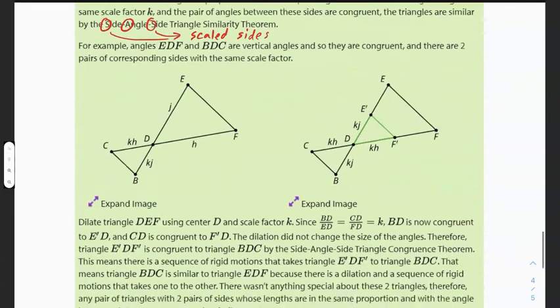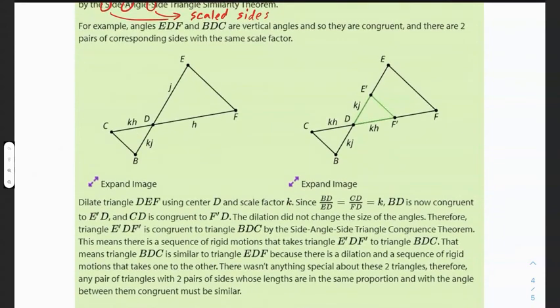And then lastly, right, we also went through side side side triangle similarity. Okay. So if all three pairs of corresponding sides are proportional and use the same scale factor, this is sufficient to prove that these two triangles are similar.